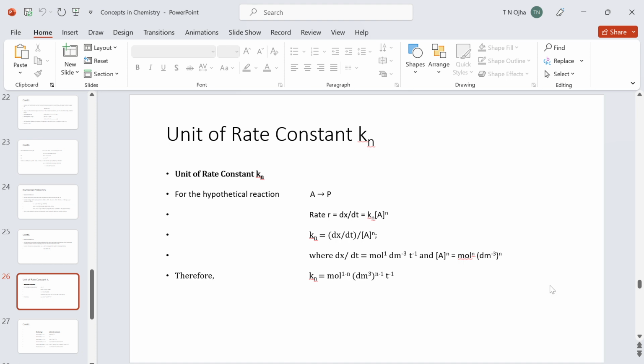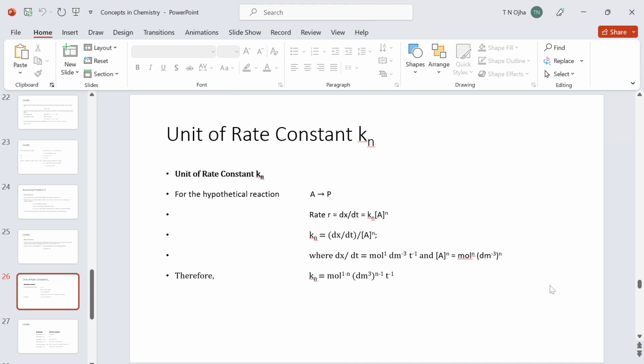Now let us proceed to how to find the units of rate constant or velocity constant. For the reaction A giving P, rate R equal to dx upon dt, that is K_n A power n, or K_n equal to dx by dt over A power n.